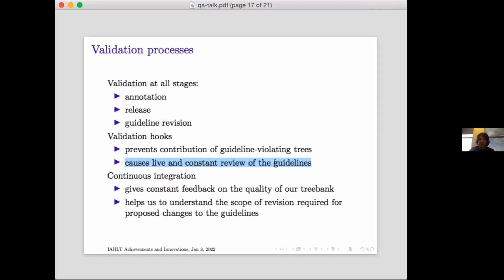So as our annotators are working, with updated guidelines, we're incorporating these rules into the CI system, and we're getting feedback on how conformant our tree bank is as we update the guidelines. This continuous integration system is giving us constant feedback on our tree bank, and it's helping us to evaluate how much work proposed changes could be.